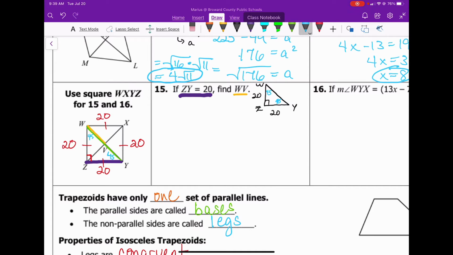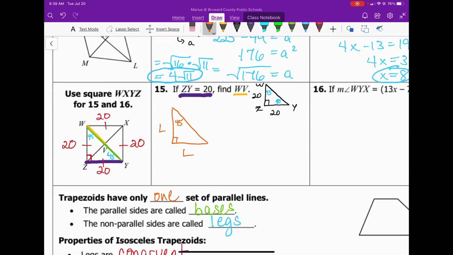So just to go back over that, I'm going to draw another diagram here. In a 45, 45, 90 triangle, both the legs are congruent. Sorry about that. The legs are congruent, so this is a leg and that's a leg.